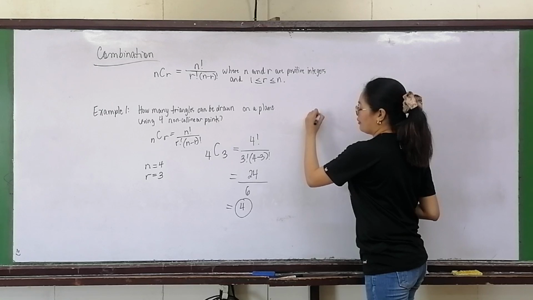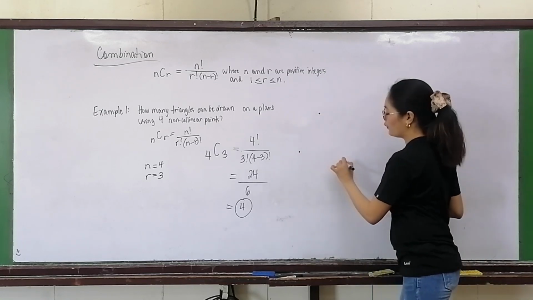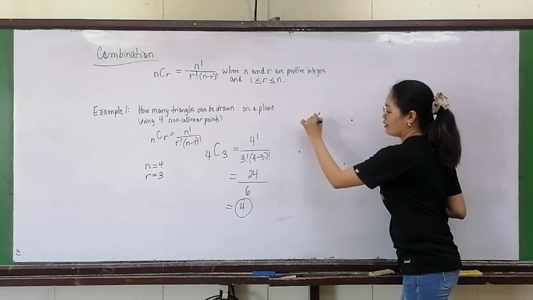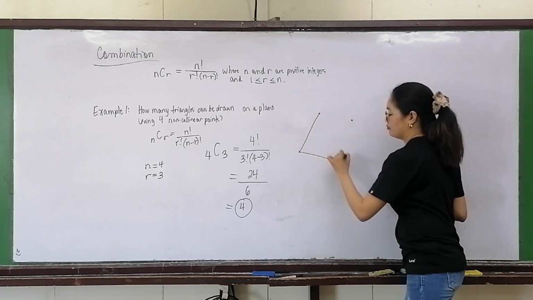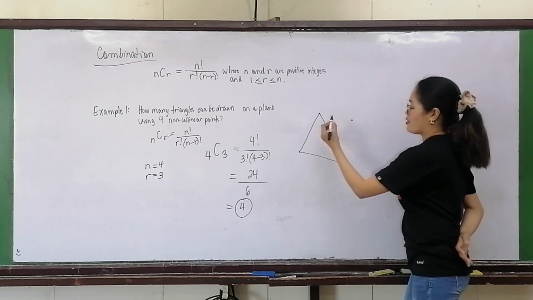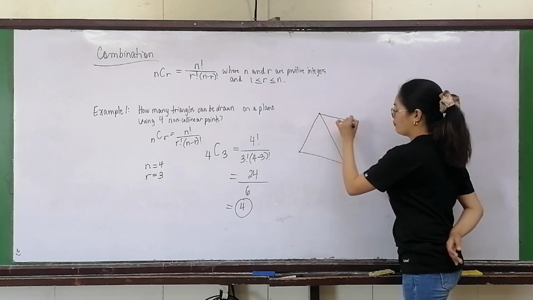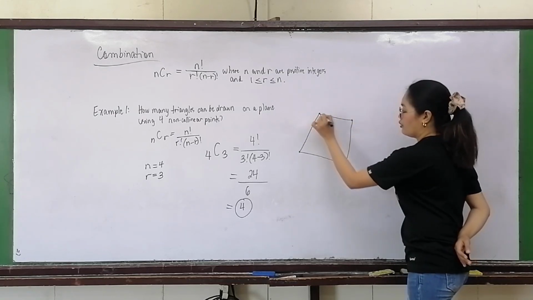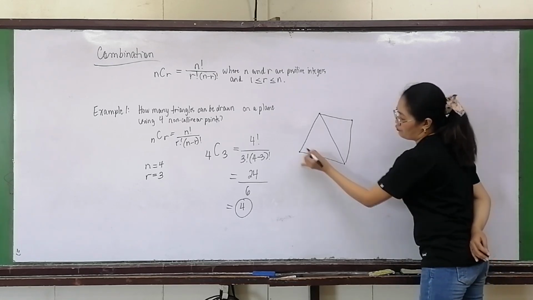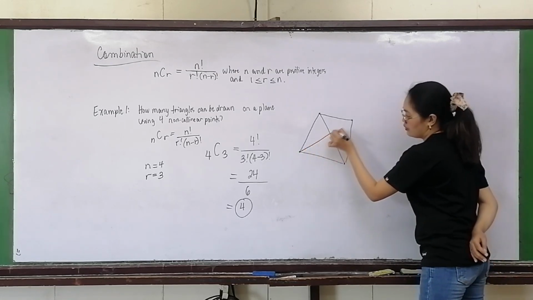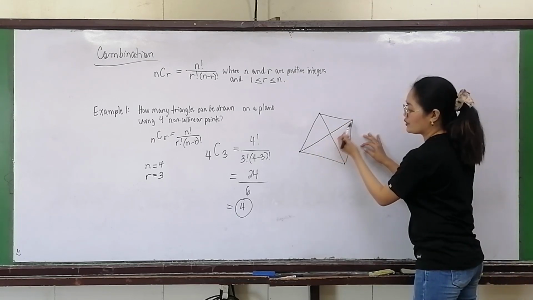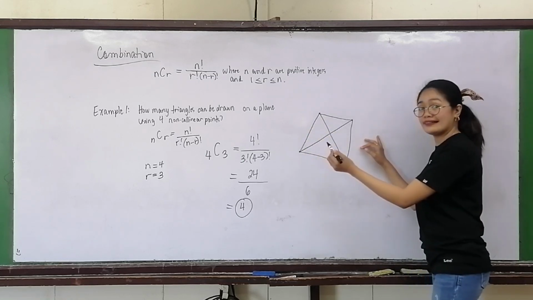Now, let's say we have 4 non-collinear points. Connecting these 3 points will give us our first triangle. Then these 3 points will give us our second triangle. Now, if we draw this line or segment, we have another triangle, which is the third triangle in this case.